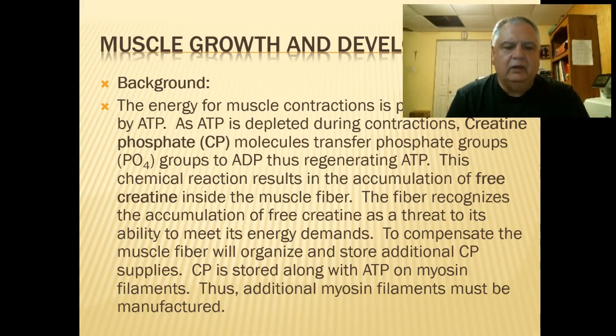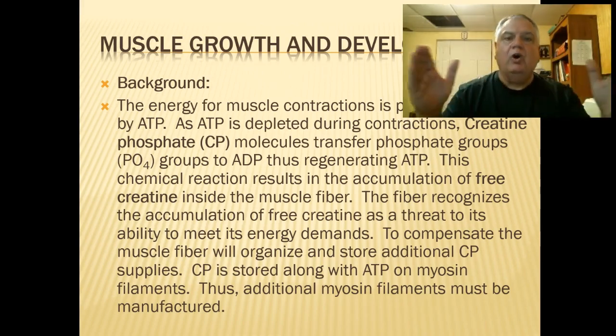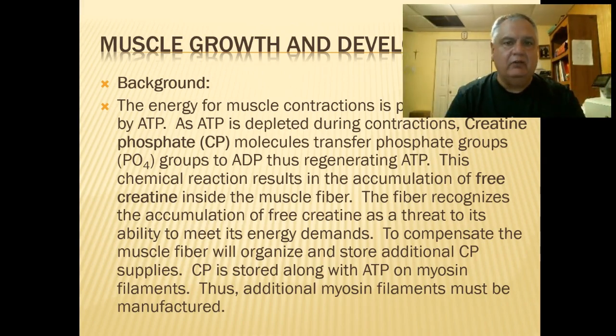So to compensate, the muscle fiber will organize and store additional creatine phosphate supplies so that the next time we exercise, we're going to have larger supplies of creatine phosphate to reorganize ATP in the hope that we wouldn't run out as quickly.